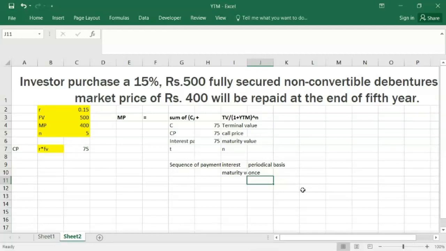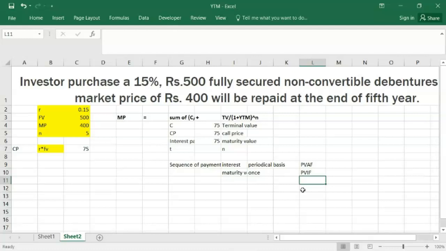Okay. So for the calculation of present value, the present value annuity factor is used for interest calculation. The present value interest factor is used for maturity value calculation, because for the maturity value I can apply the present value interest factor.